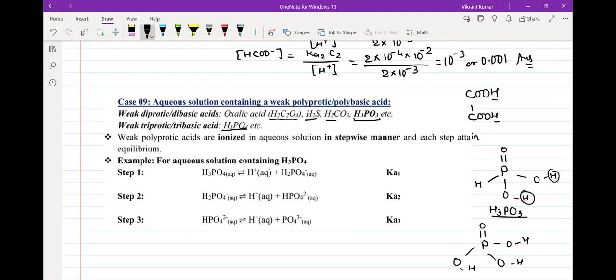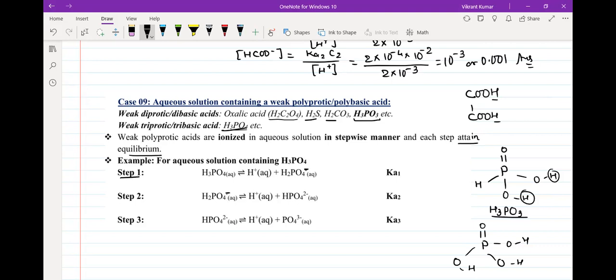In a similar manner you can handle triprotic acids. The first point is that a polyprotic acid will release H plus in a stepwise manner, and that's why every step will have reversibility. Every step will reach an equilibrium state. In step 1, H3PO4 releases its first H plus. The formed product other than H plus is H2PO4 minus.